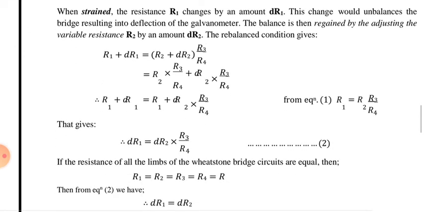How does it come out this way? The left R1 is cancelled out with the right R1. So dR1 equal to dR2 into R3 by R4. This is equation 2.